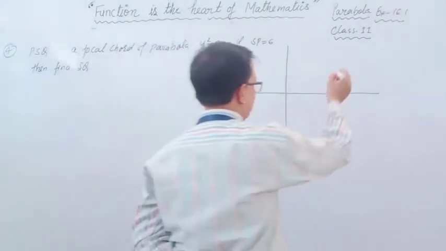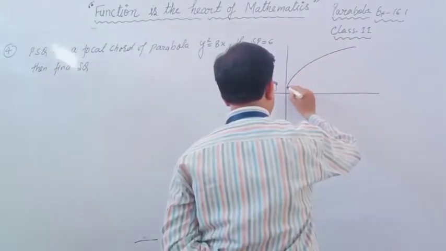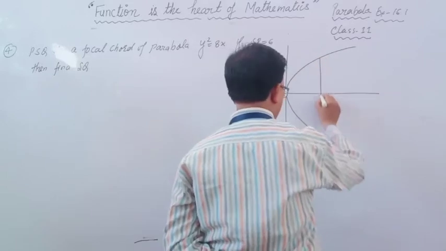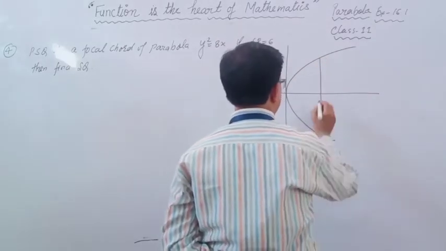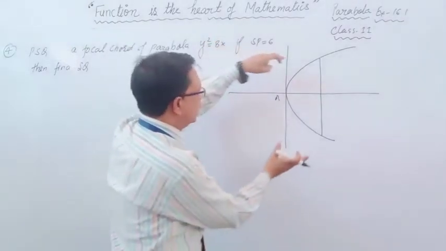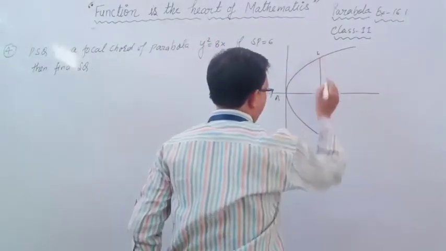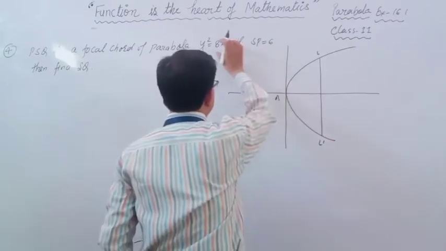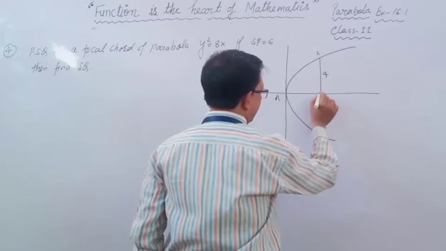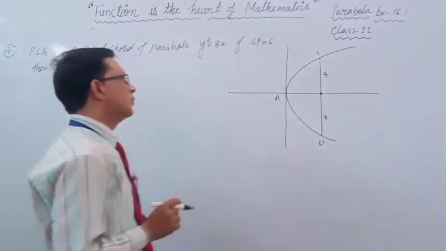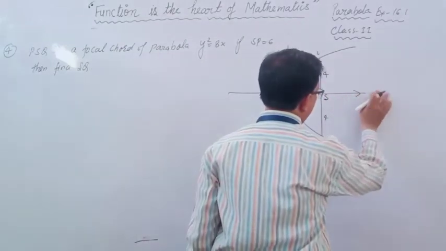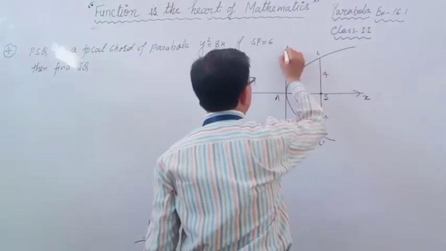This is your vertex and this is your latus rectum. The latus rectum is 8, so total distance is 8, and half of 8 is 4 here, 4 here. So this is your diagram, and here is the focus, this is your x-axis and this is your y.